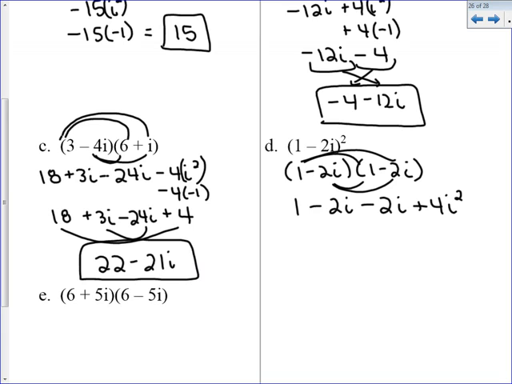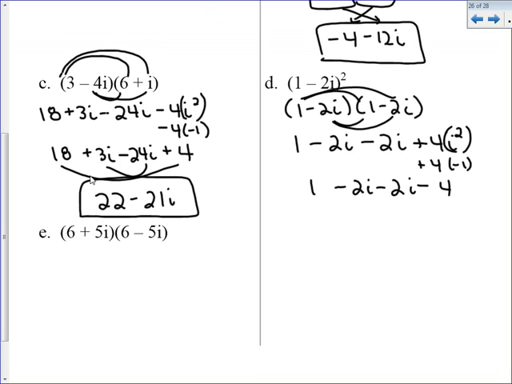And again, whenever you find i squared in your answer, first thing, let's go ahead and replace that with a negative 1. So it's just going to switch the sign on the 4. Turns negative 4. So 1 minus 2i minus 2i minus 4.